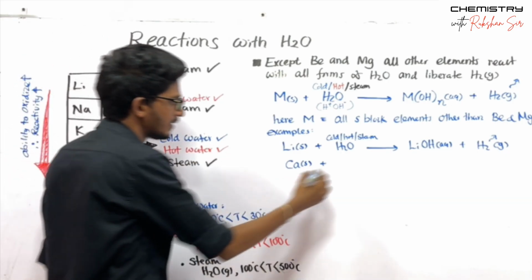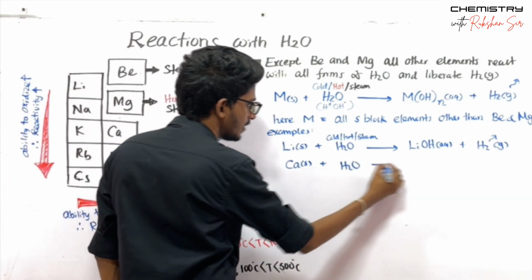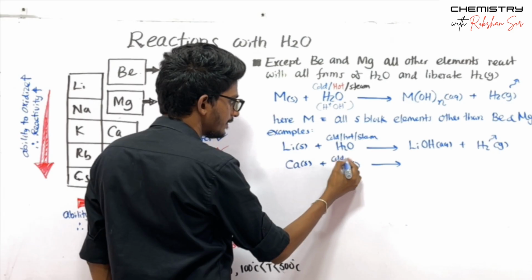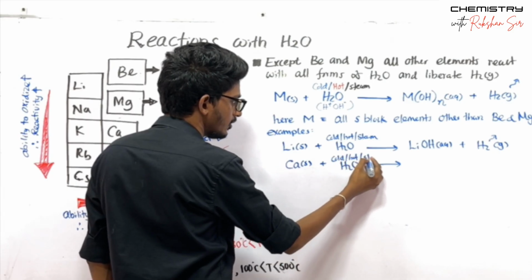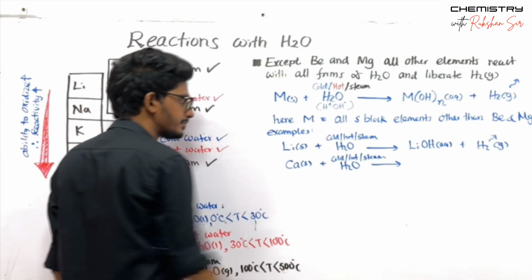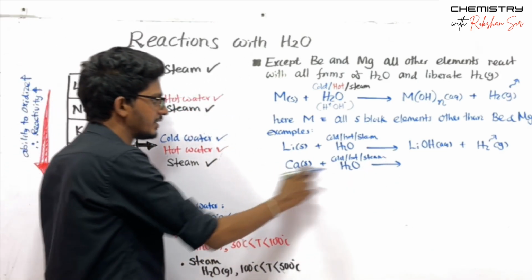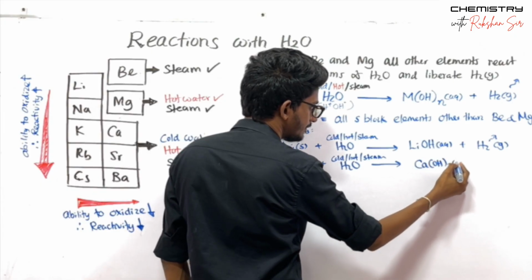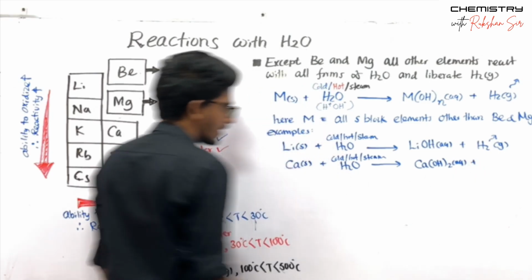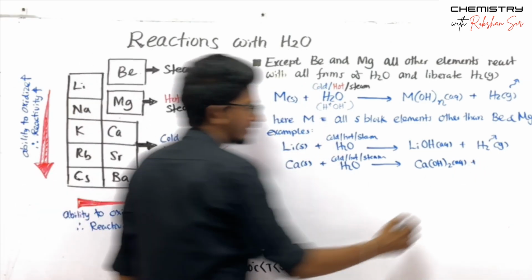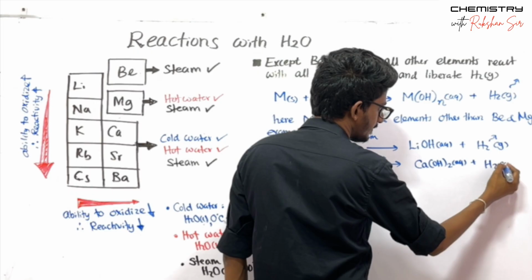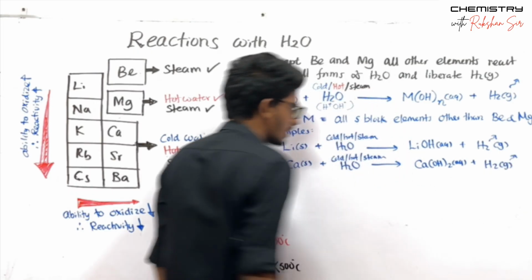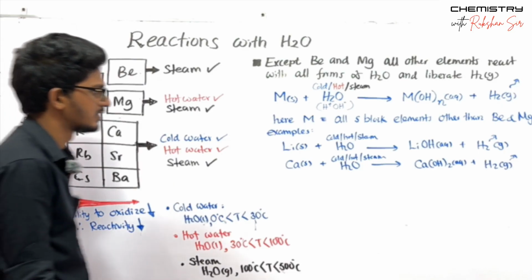Calcium with H2O, it could be cold, hot, or steam. Calcium oxidizes and connects to the anion here, so calcium hydroxide, and H+ reduces to H2.